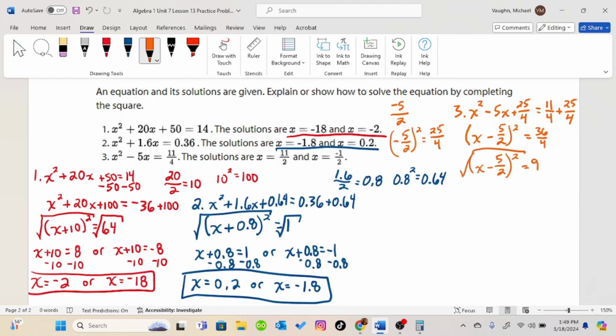Then we take the square root of both sides, and when we take the square root of something being squared, we're left with x minus 5 halves. And when we take the square root of 9, we get positive 3, or x minus 5 halves equals negative 3. We add 5 halves to both sides of both equations.